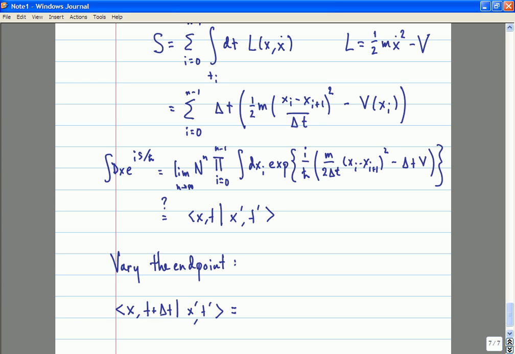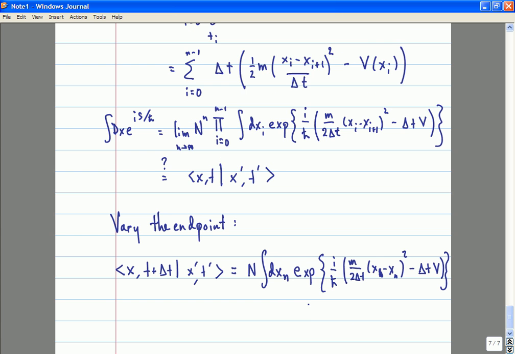So this is going to be equal to N times the integral dx_n of the exponential of i over h bar, m over 2 delta t, (x minus x_n) squared minus delta t times V, times the original propagator, now going from x' at t' to x_n at time t_n.